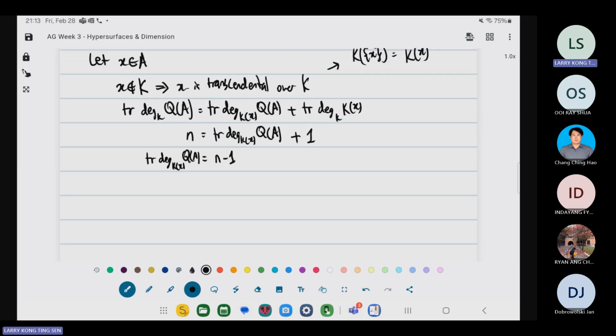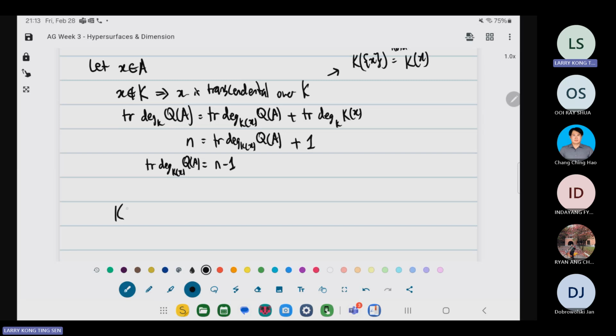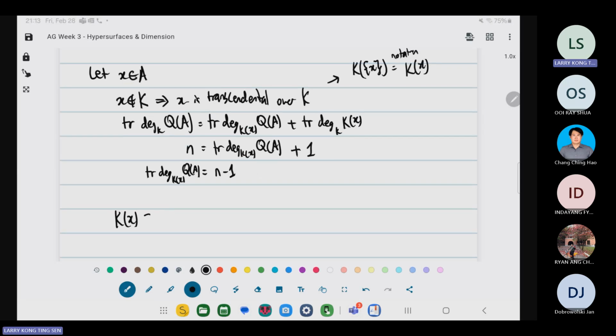And if you can recall, what we have is this field, this field is actually a subset of A_x, which is to say basically the quotient of this.